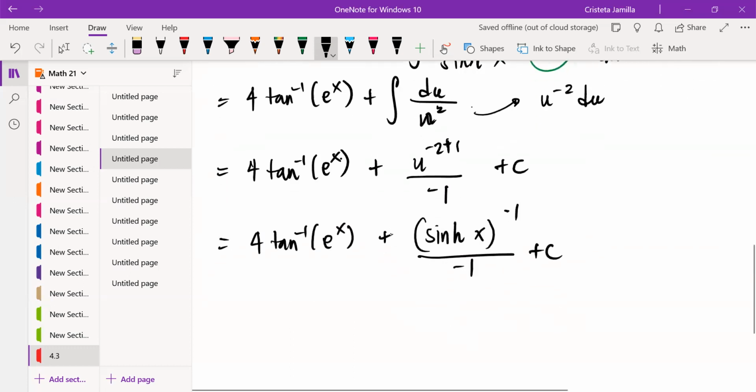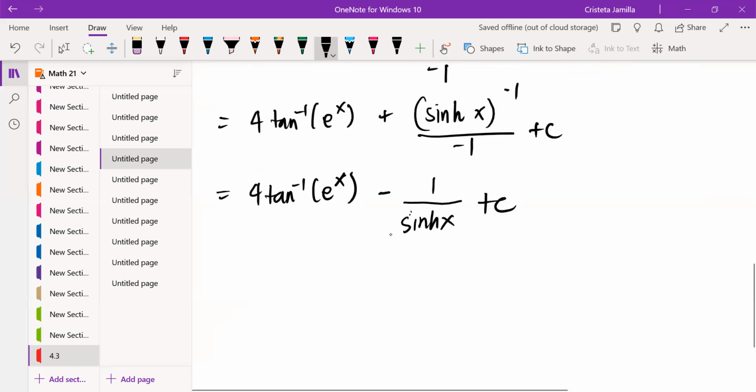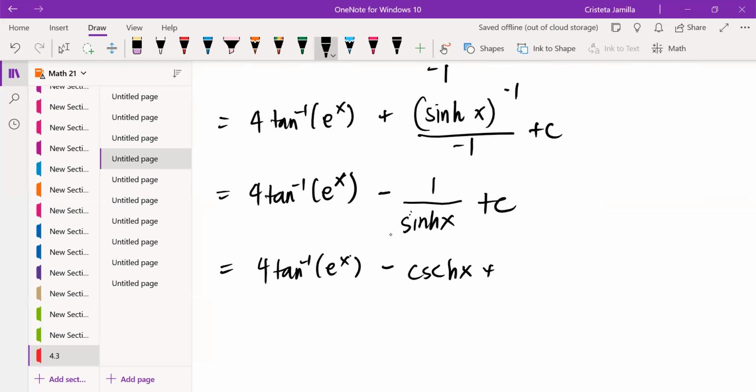Rewriting this one, I have 4 tangent inverse of e raised to x minus 1 over hyperbolic sine of x plus c. Or 4 tangent inverse of e raised to x minus hyperbolic cosecant of x plus c.